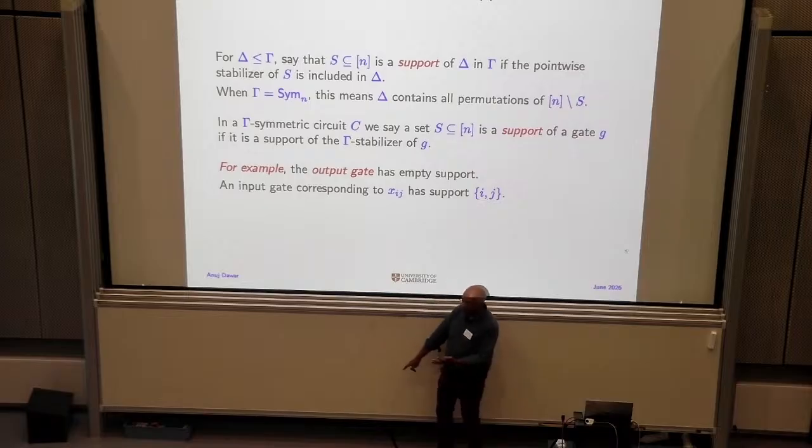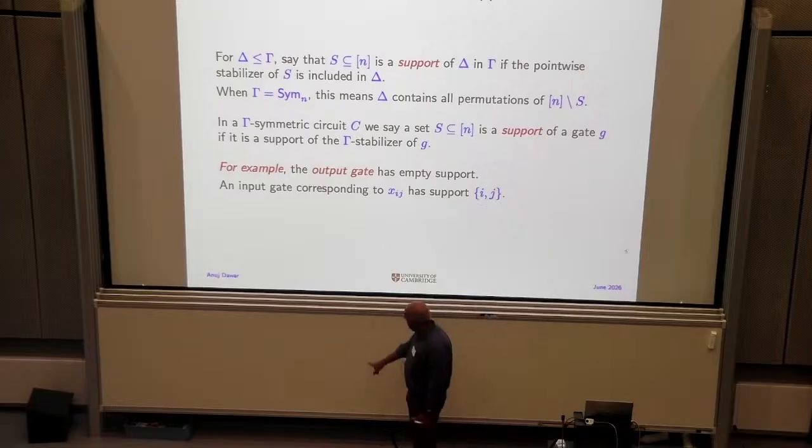You're right, there are other permutations which fix the gate as well, but that's why we only ask that fixing the support is included. It's not an exact characterization of the invariance group of this. There are permutations, for instance, swapping j and k, which will still fix this gate. It fixes this setwise, but that's okay. ijk is still a support of this gate.